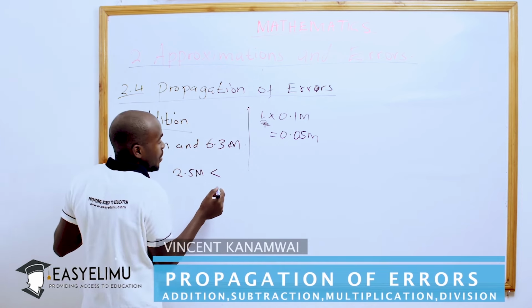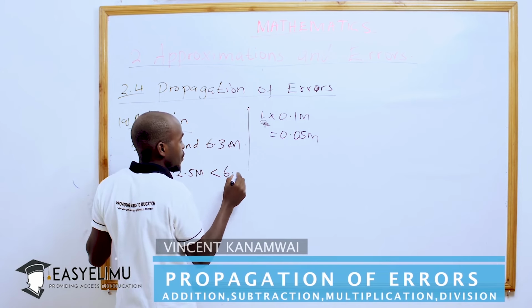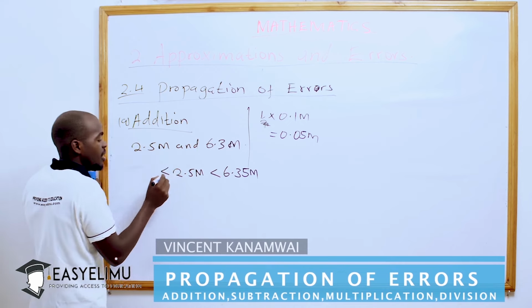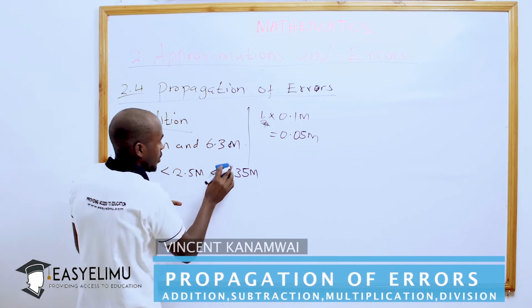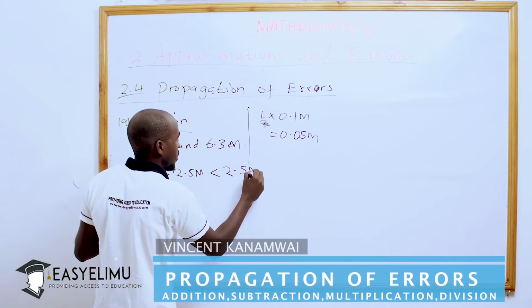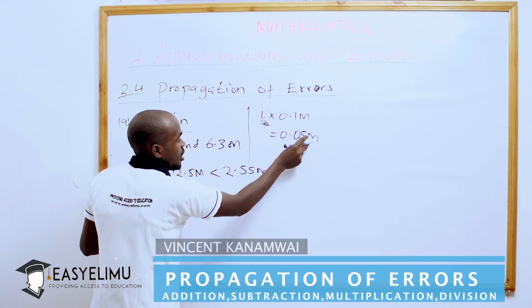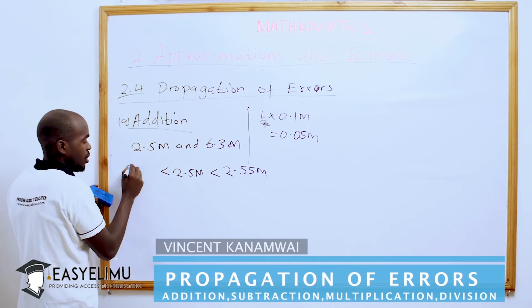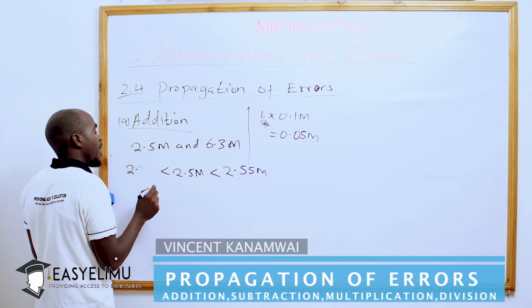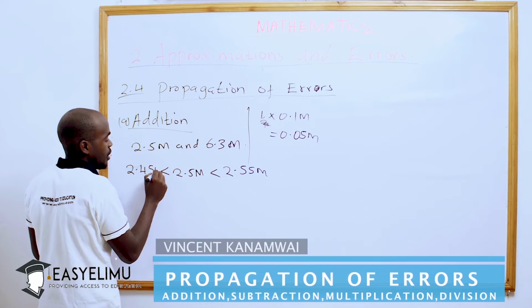The upper limit will be with the addition of this, so it will be 2.55 meters, and the lower limit, we subtract that 0.05 and we shall get 2.45 meters.